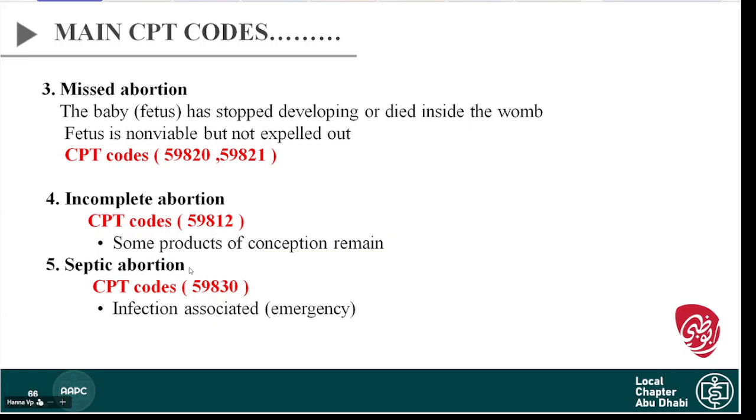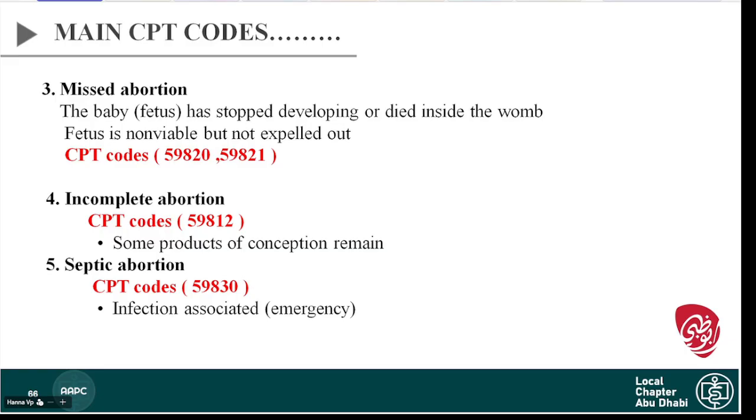What is this, guys? Usually we are doing this because of some infection spreading. If the mother gets any infection, there is a very high chance of the infection reaching the baby also. So if it is going septic, definitely they will think about abortion. Okay, so guys, these all are the abortion codes related to the female reproductive system.